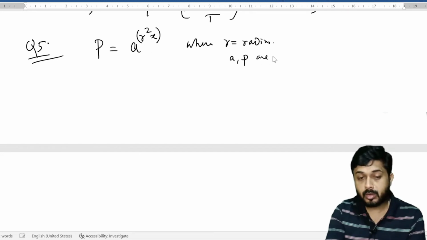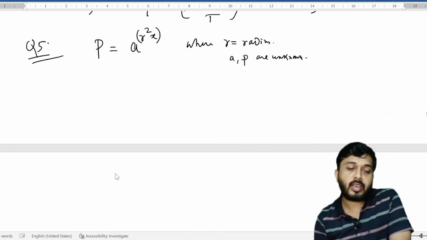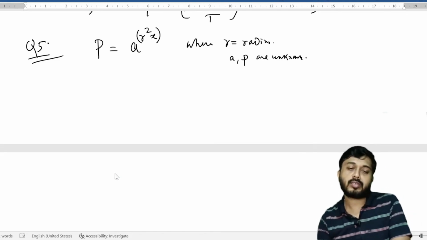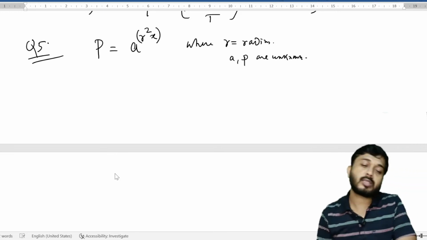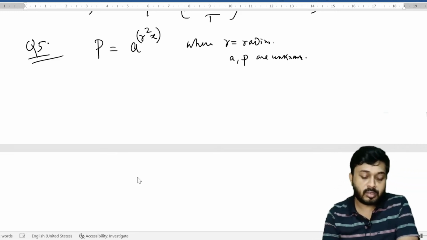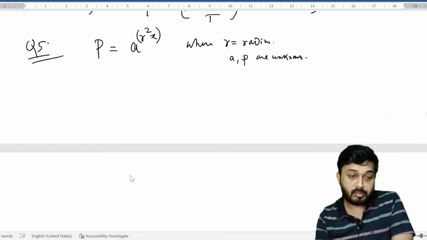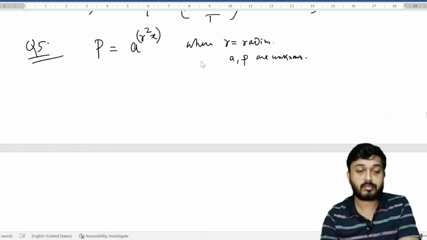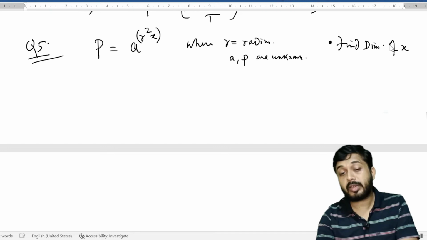A and p are unknown. That is not given in the question. I'm writing it for you to understand. A and p are unknown because nothing has been said about a and p. The only thing which has been said is r is equal to the radius, and then we have to find out the dimensions for x. The question is this: find the dimensions of x.